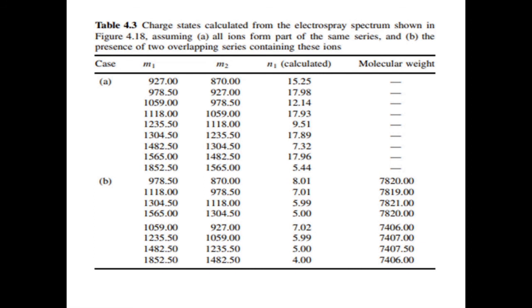As can be seen from this table, the calculated charge states are all very close to an integer value, and their values form a logical progression. The molecular weight determination using these values is also shown and provides a consistent value for each series.